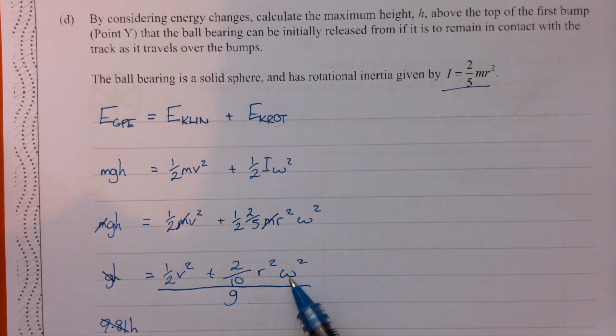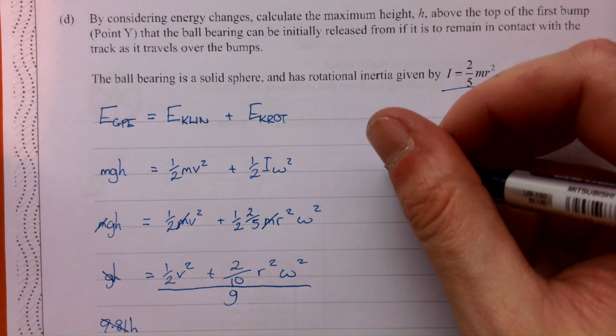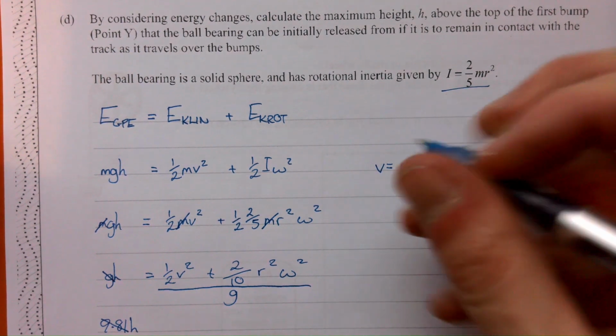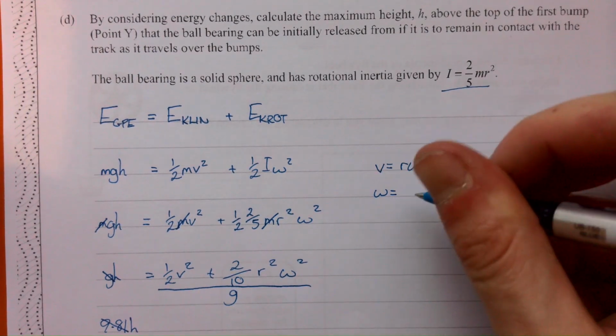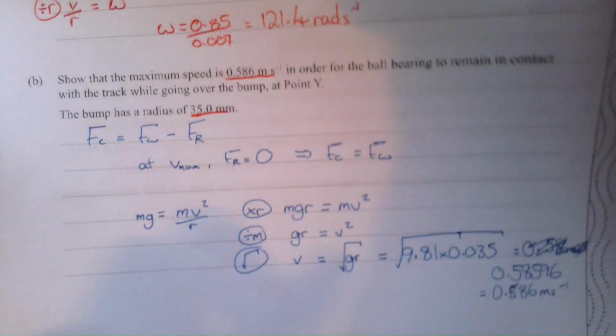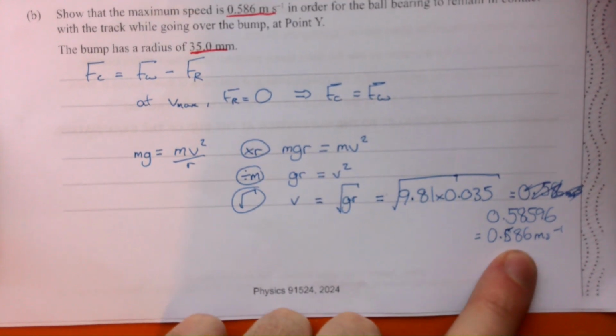Which means our omega we're not sure of, but we know we calculated the velocity, and so we can use the equation v equals r omega, rearranged again to omega equals v over r, where our velocity is the velocity that we proved in part B, 0.586.